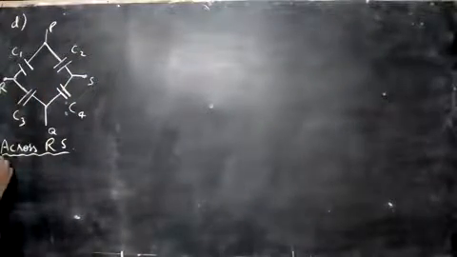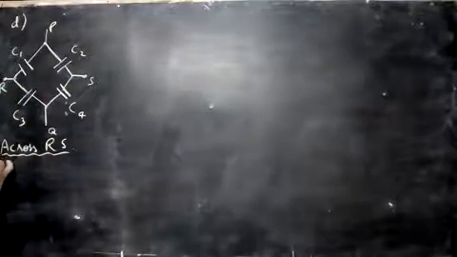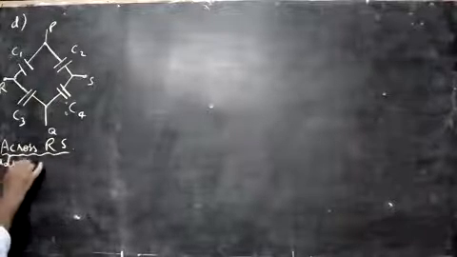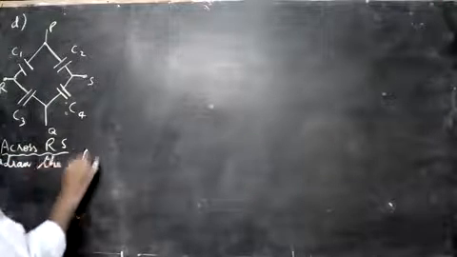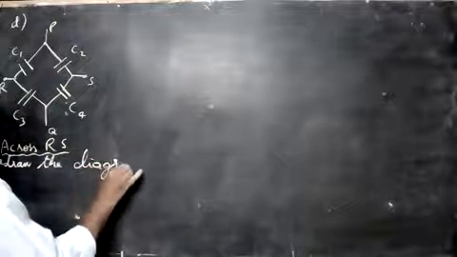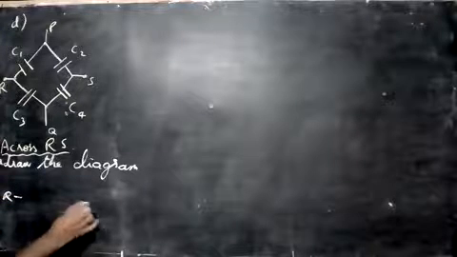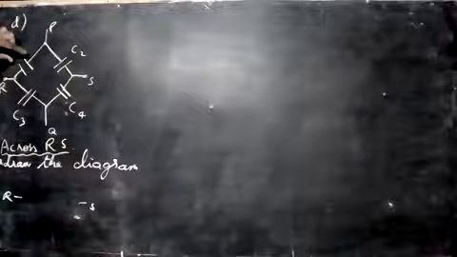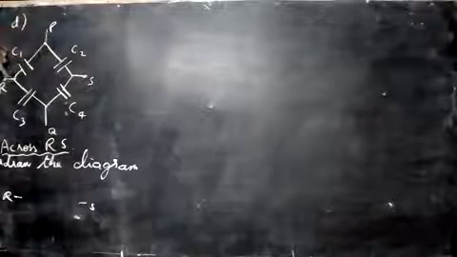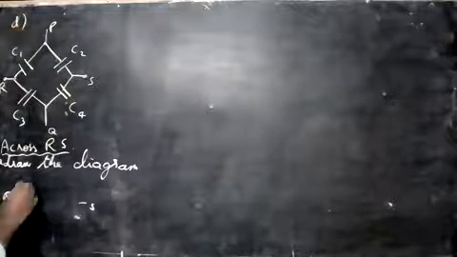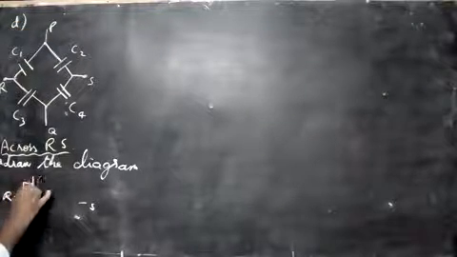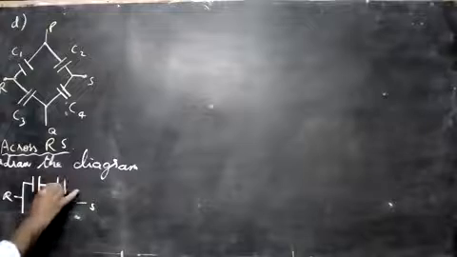So we can redraw the diagram. Let's see how to do it. Point R is here and S is here. Now you see C1 and C2 are in series when you compare this way. So you draw C1 here and then C2 here.